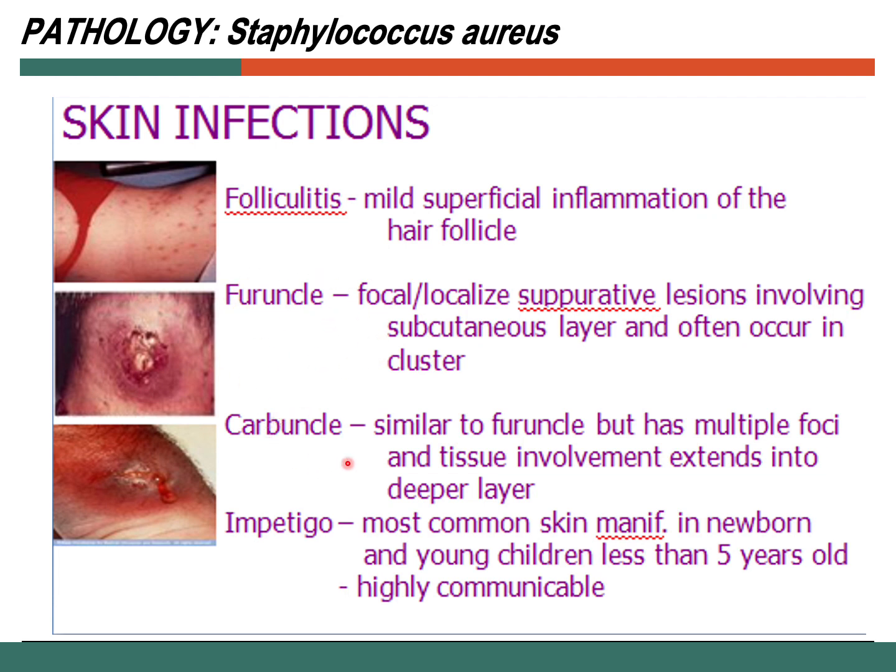Carbuncles are when there are multiple foci and tissue involvement into the deeper layer. And impetigo is the most common skin manifestation, common in babies and young children less than 5 years old. This is highly communicable, highly transmissible.